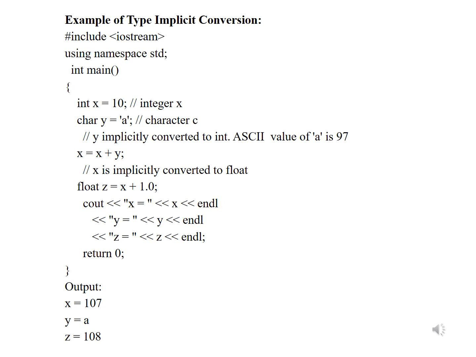And then the z value. y is given as 'a' and the z value will be given as 108 because z is equal to x plus 1. So x is 107, and 107 plus 1 is 108. This is how the compiler automatically converts the lower level to the higher level of data types, and it will work out.